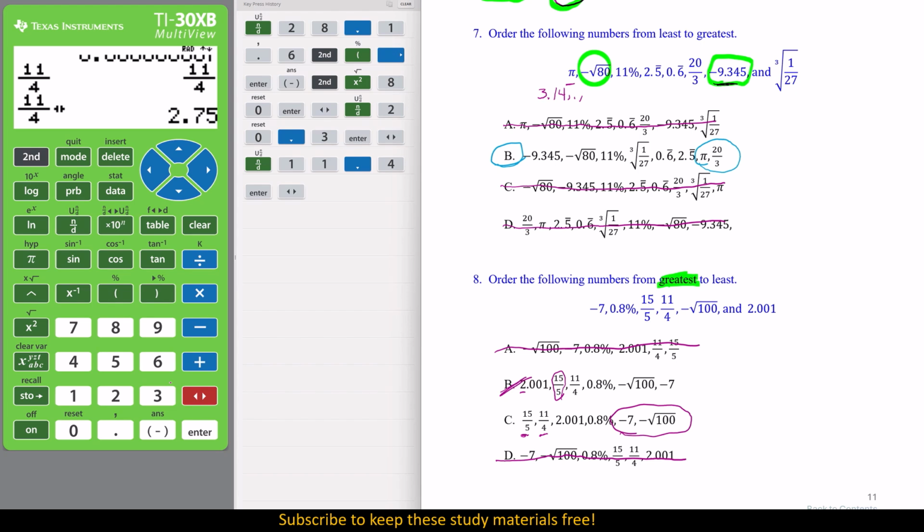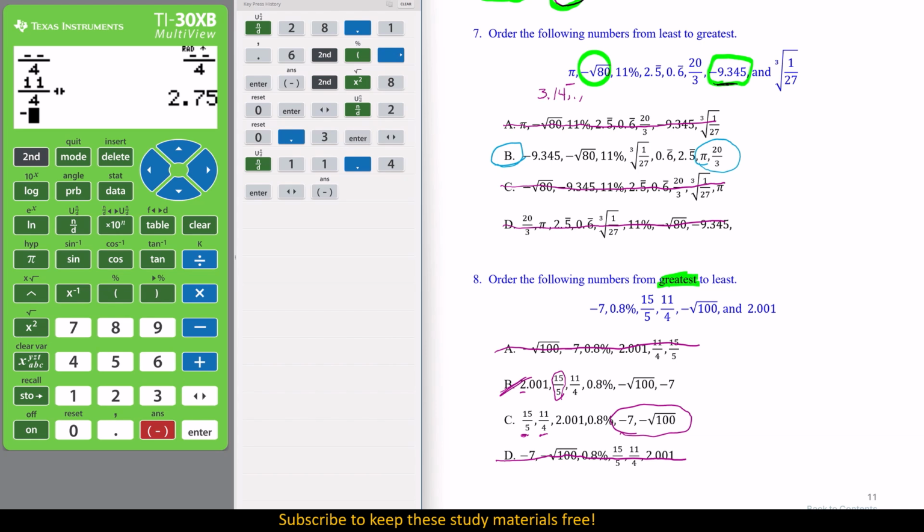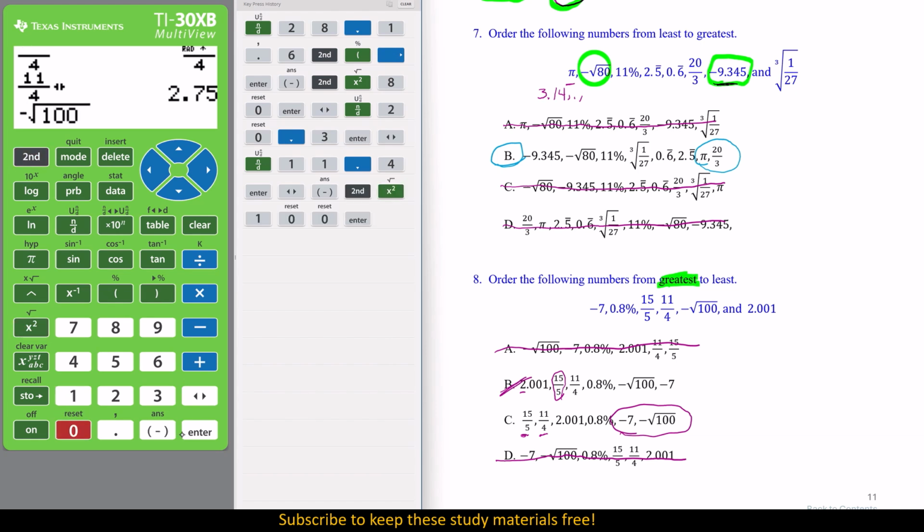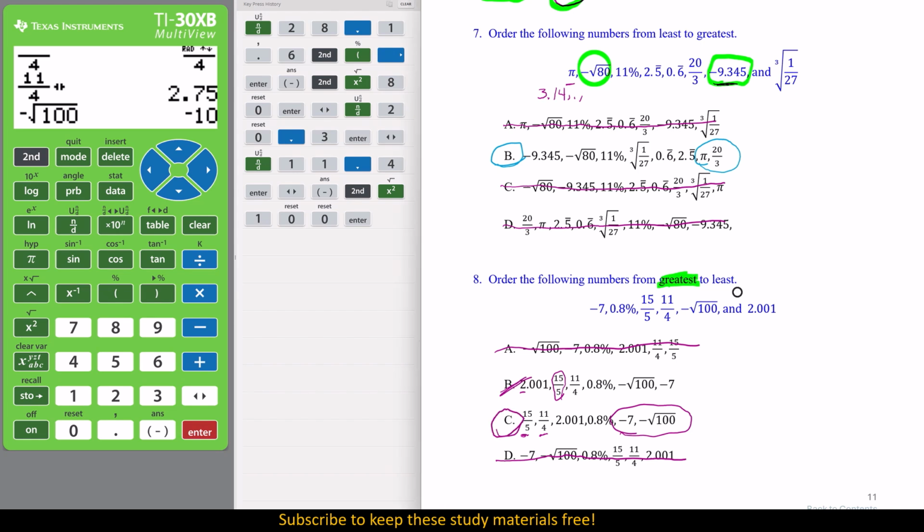Now we have to check the negative square root of 100. Well, we know that's -10, and -10 is less than -7. Okay. And if you don't see that right away, use your calculator. Second radical, put your 100 in, and yes, it's -10. Okay. All right. So option C has been verified.